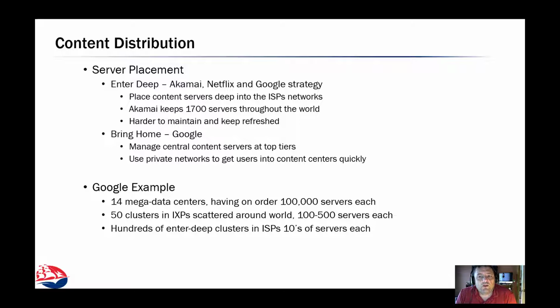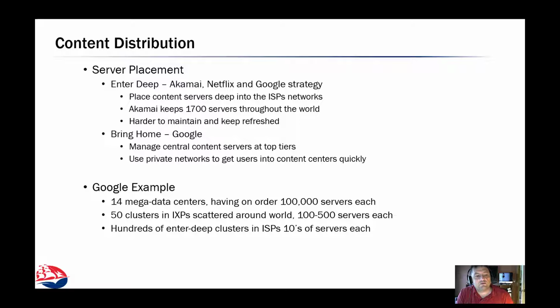The reason I bring this up is that a company like Google has 14 mega data centers throughout the world, each with about 100,000 servers. Then they have 50 clusters, I'm sure there's more today, scattered directly into the IXPs, and each of those clusters is about 100 to 500 servers.